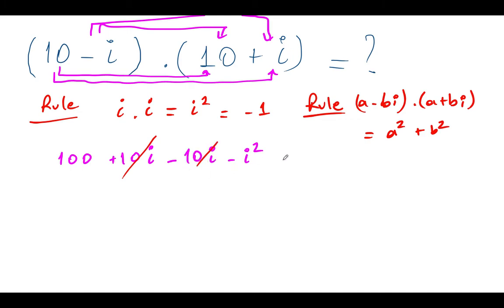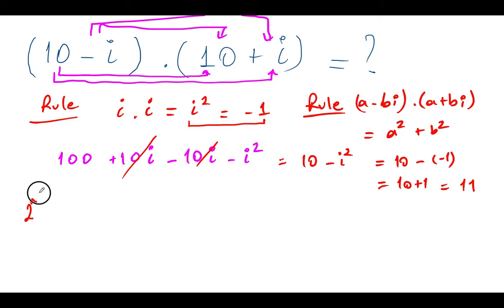So there will be just 10 minus i squared. But we know that i squared is equal to -1. So instead of i squared, if we put the -1, the result will be 10 minus -1, which will be 10 plus 1, which will be 11.